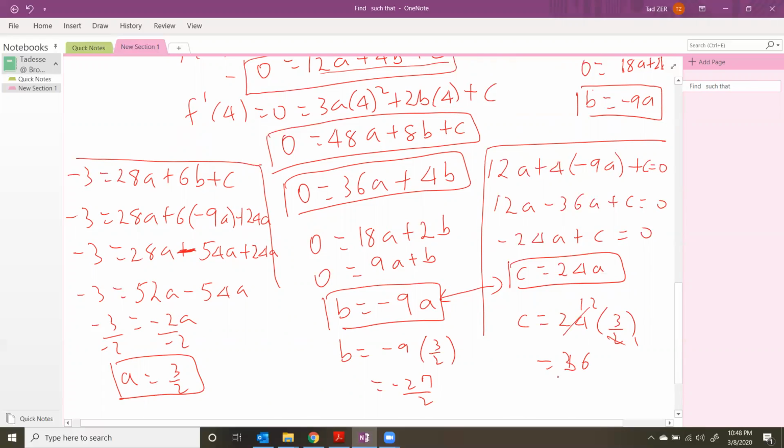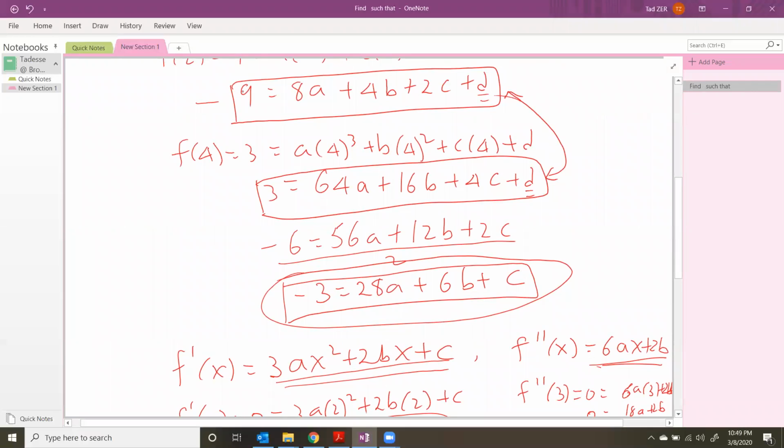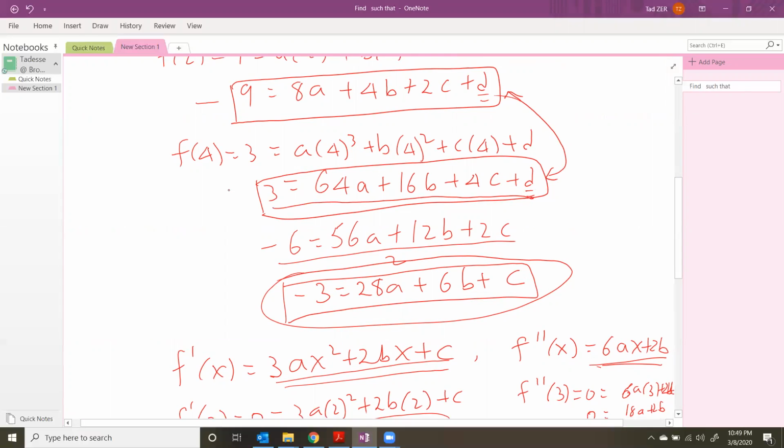Now what's left? d. So for d, you go back to the original equation here. One of them, it doesn't matter. For simplicity, use this one. So 3 equal to 64 times a, which is 3/2, plus 16 times b, which is negative 27 over 2, plus 4 times the value of c, which is 36, plus d.